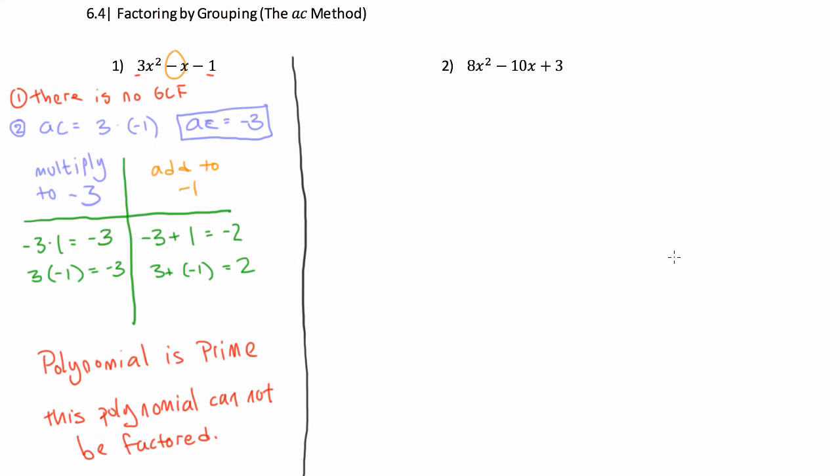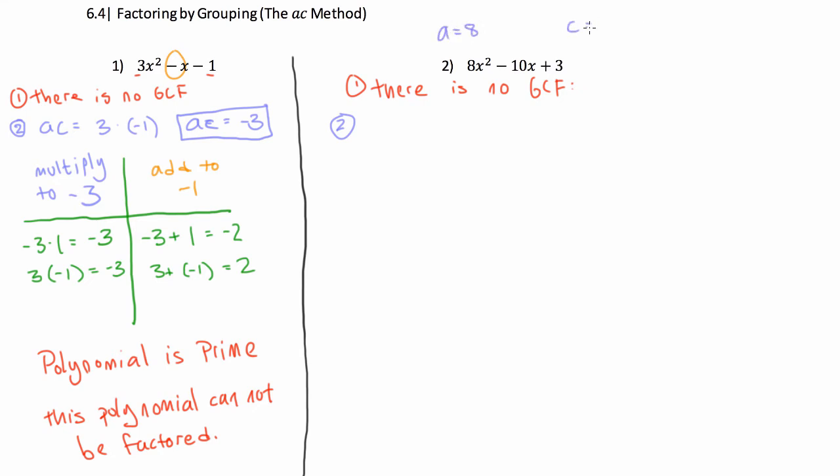So here's another one, and this is a good example, I think, of one that takes some more time to get figured out. So once again, it would be great if there was a GCF, but there isn't. Step 2. Now my AC, my A is 8.